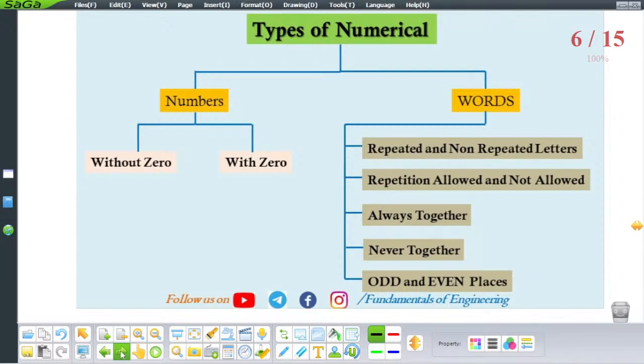How we get that we are going to discuss. In words, we have the different letters in the word, and if these letters are repeated or non-repeated, how we arrange the word. When repetition is allowed and not allowed, how the arrangement of words can be done, we are going to discuss in the word problem.